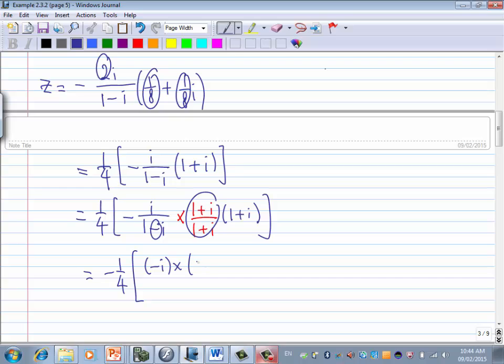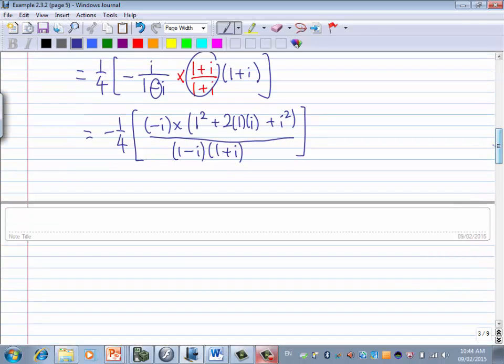So you can use your A plus B squared formula. So 1 squared plus 2AB plus I squared. Then denominator is 1 minus I times 1 plus I. Can? So you simplify now. It's a bit more steps.